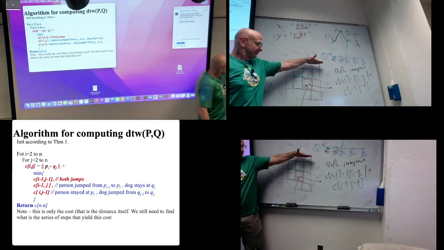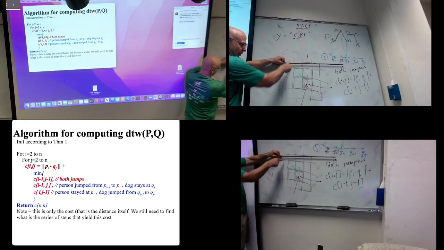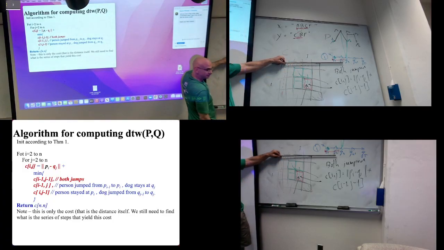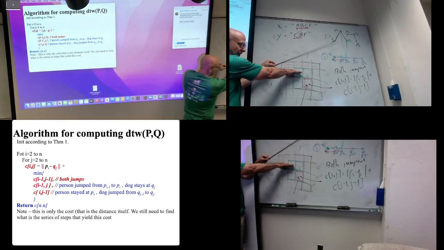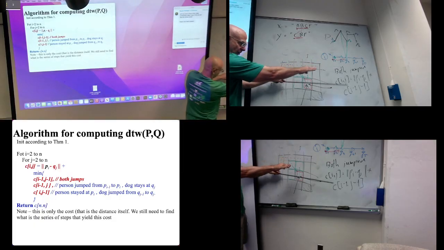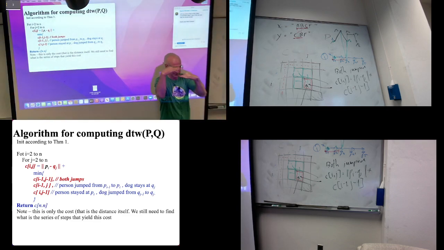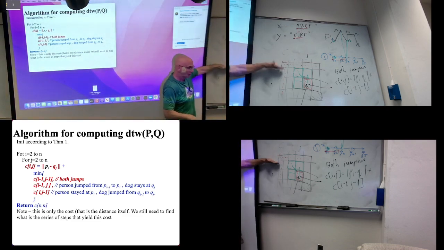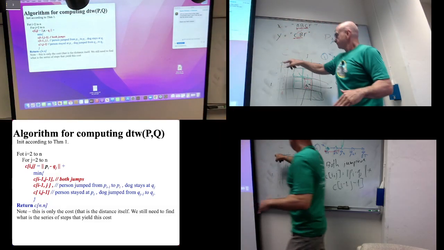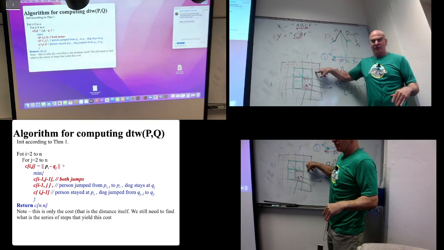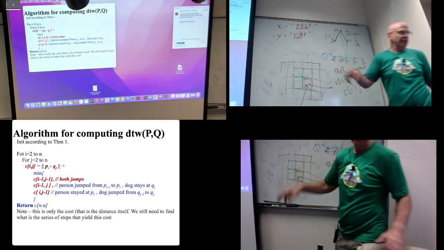I read values from one row, and I write values into the next row. Once I'm done writing values into the second row, I don't need the first row anymore, so I can start writing into the third row. It was this choreography. You just need two rows at each moment, row i and row i plus 1. When you're done writing into the second row, you don't need the first row anymore, so you can use this array to write into it.